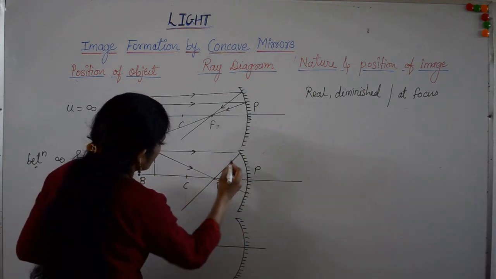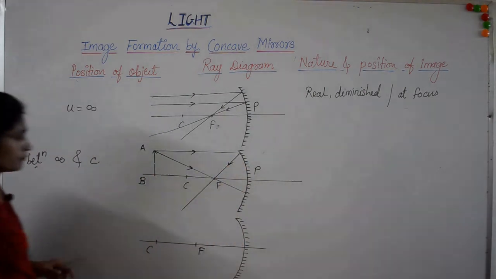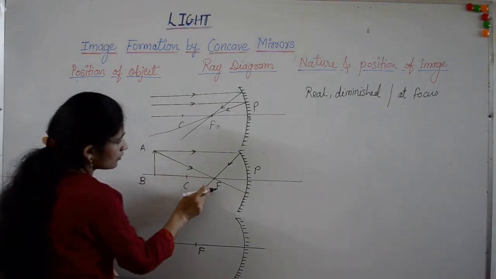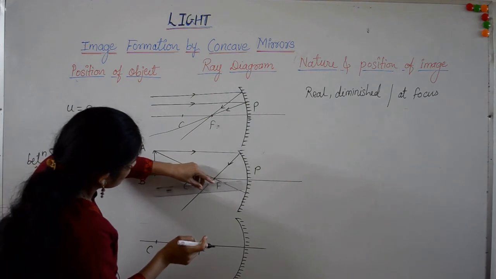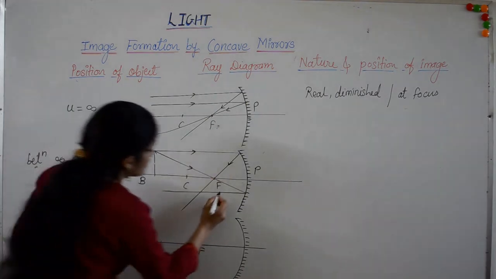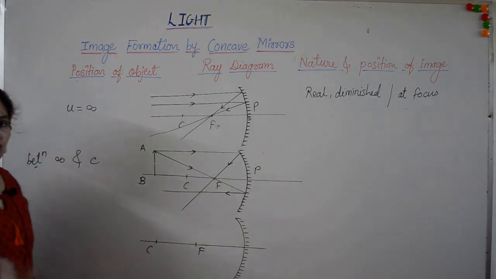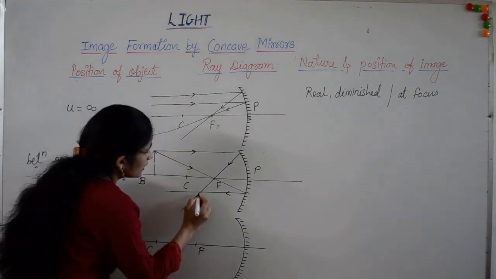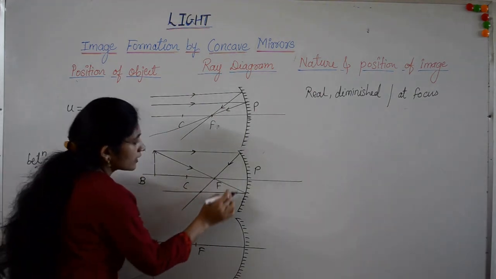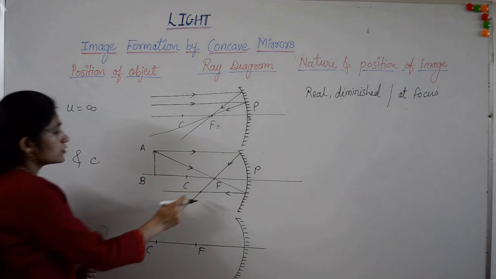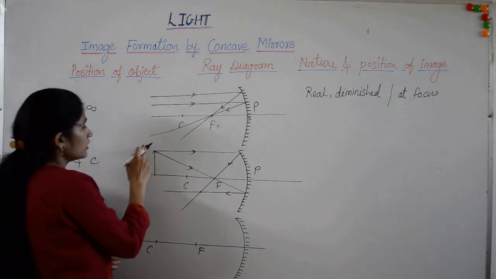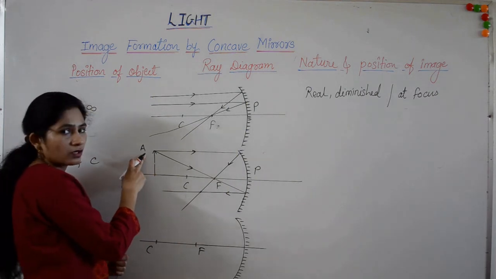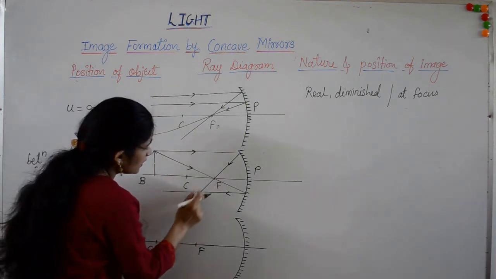This is also an incident ray. This is the reflected ray. Now when the incident ray passes through the focus, then the reflected ray goes parallel to the principal axis. This is the reflected ray. Now you have to look for the point of intersection of these two reflected rays. This would be the image of point A, because we have taken the rays from A and these rays meet at this point.